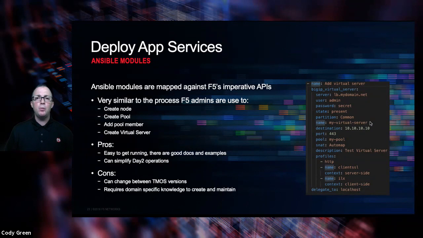So some of the pros are you're quickly and easily up and running, there are tons of examples based upon what other people have done, and it can simplify some of your day 2 operations. And when we do talk about declarative APIs and you have to define the entire declaration, day 2 can be a little trickier because you have to give the state every time. So that's both a pro and a con, and we'll touch on that as well.